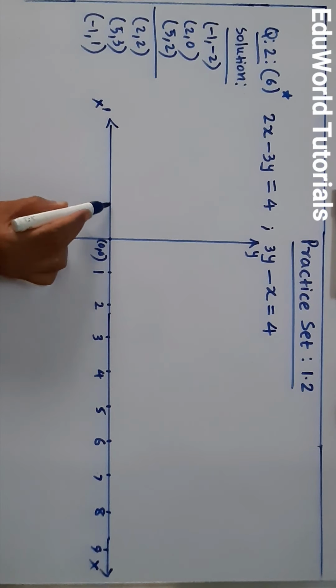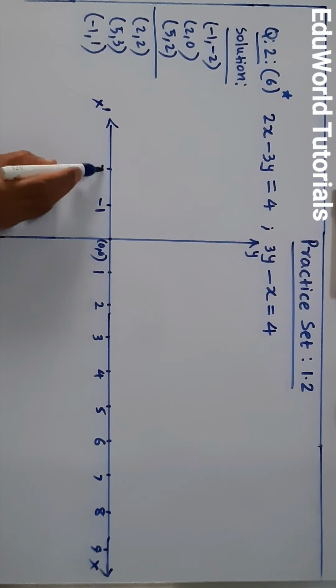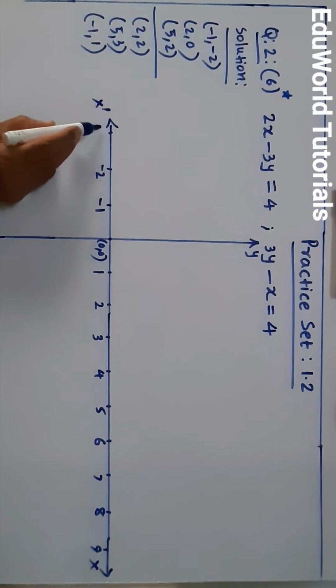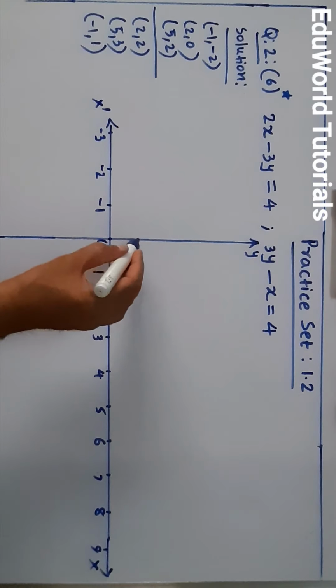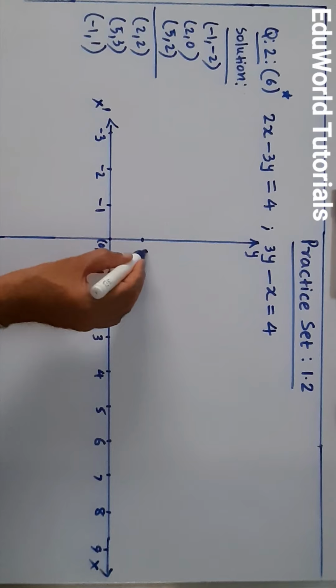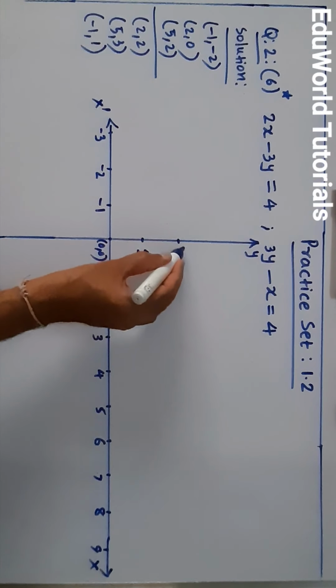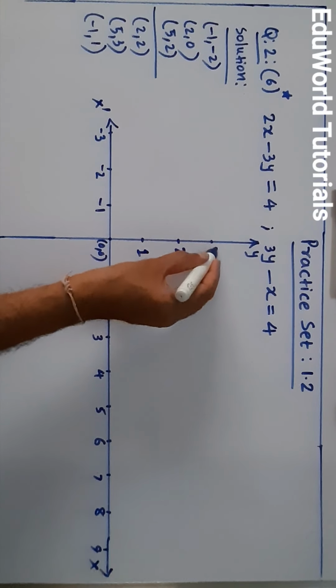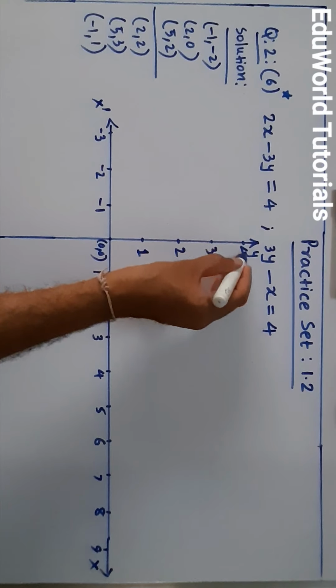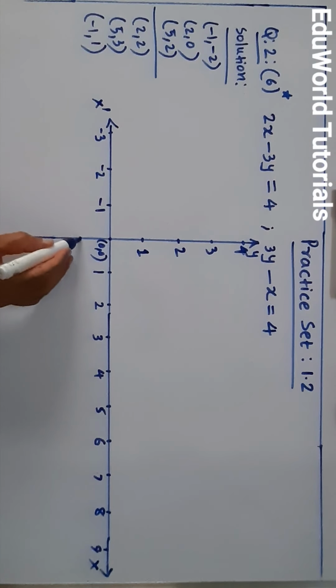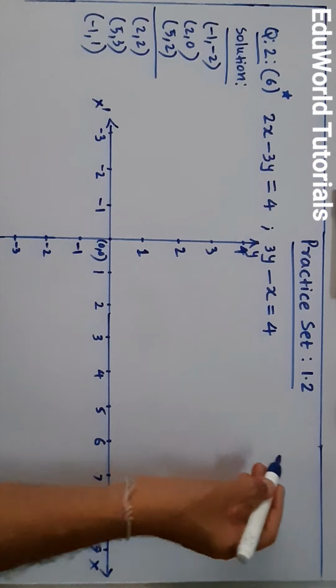Here I will have the negative direction of the x-axis, -1, -2, -3. Here the positive direction of the y-axis, 1, 2, 3, 4. Negative direction of the y-axis, -1, -2, -3, -4.